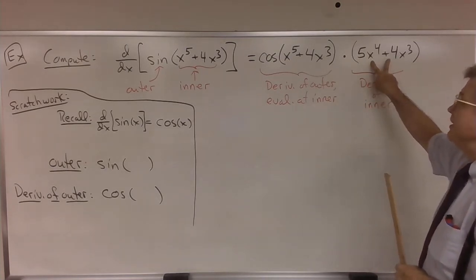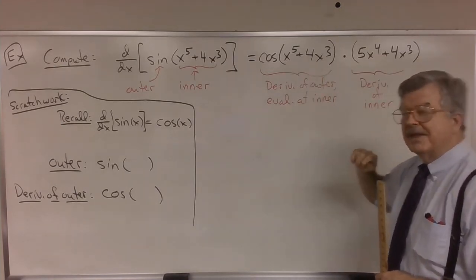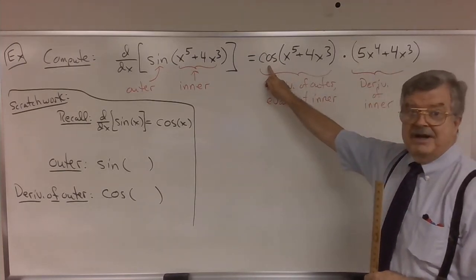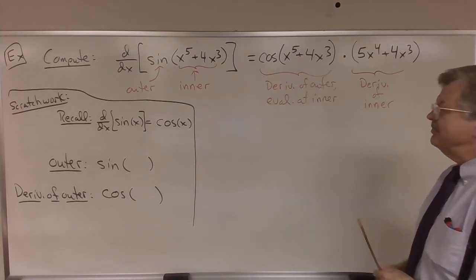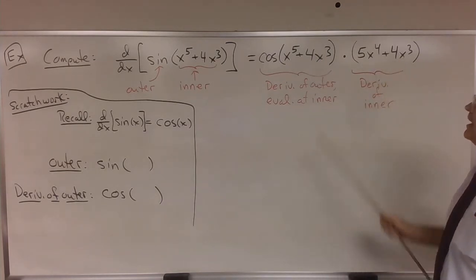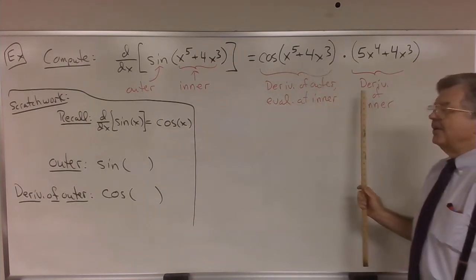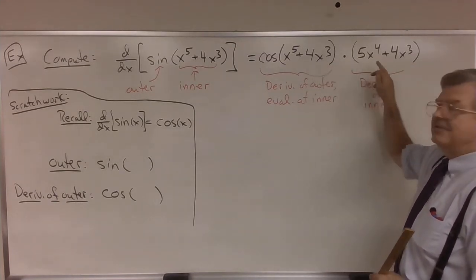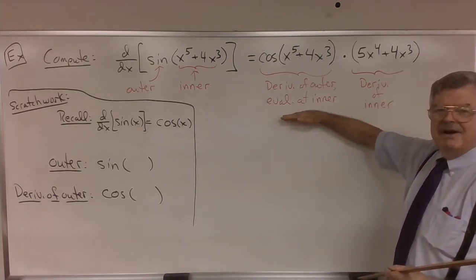So this polynomial is not being multiplied by x to the fifth plus 4x cubed. This polynomial is being multiplied by cosine evaluated at x to the fifth plus 4x cubed. So we can't simplify this any further. We're good just like we are right now.